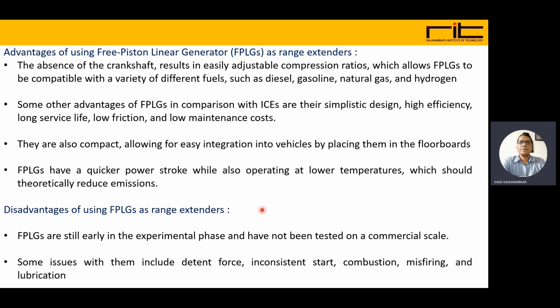Now these features are as compared with the IC engine generators. They are also compact and allow easy integration into vehicles by placing them in the floorboards. Free piston linear generators have a quicker power stroke and operate at lower temperatures, which should theoretically reduce the emissions. So emissions are comparably lesser.